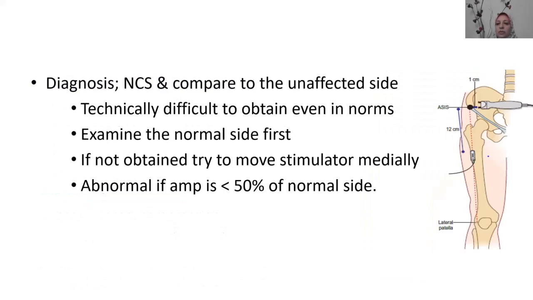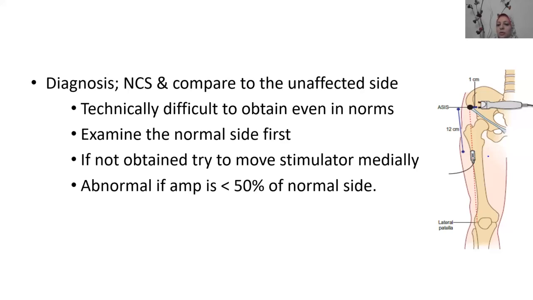By doing a nerve conduction study of the lateral cutaneous nerve of the thigh. We stimulate the nerve just medial, or 1 centimeter medial, to the anterior superior iliac spine, and record over the lateral thigh 12 centimeters distal to the anterior superior iliac spine, in a line drawn between the anterior superior iliac spine and the lateral patella.